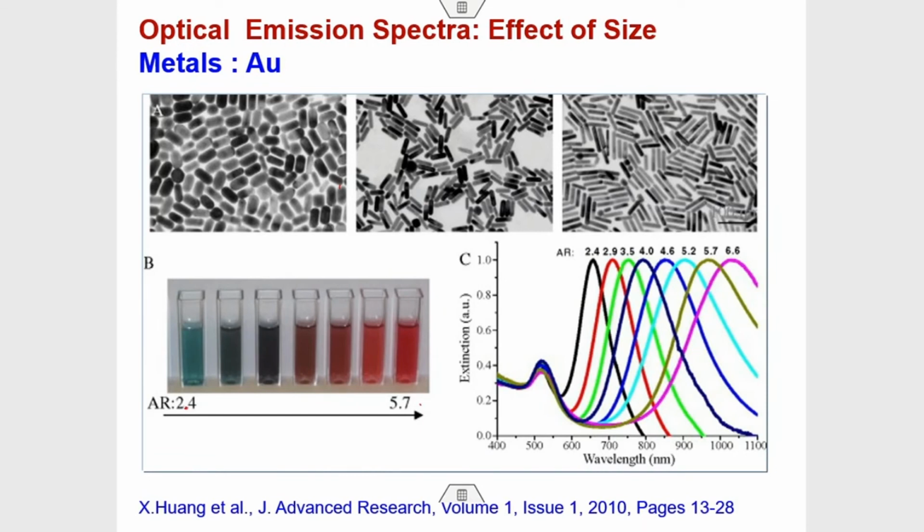Why does it happen? Again, because the surface plasmons interact with the incident light, and that can change because of these different aspect ratios, which is typically observed here also. This is all taken from published literature, which is about 10 years old or so.